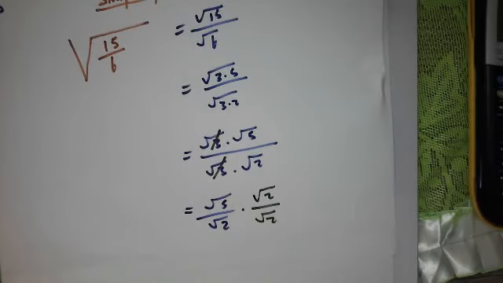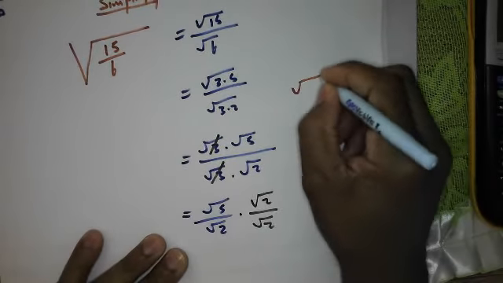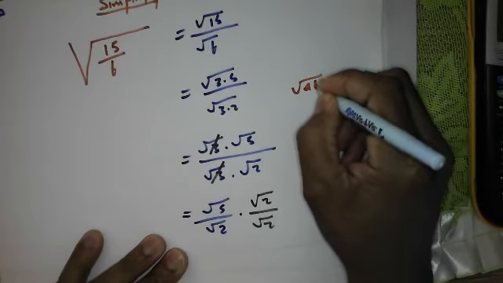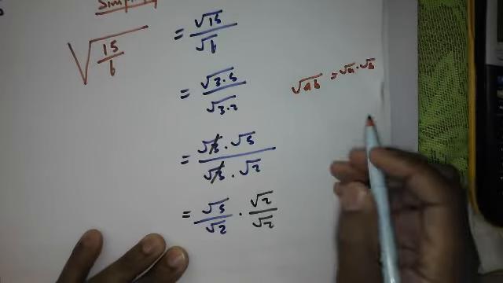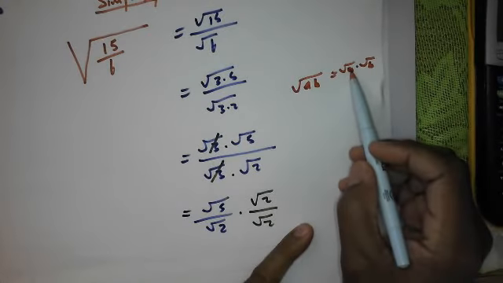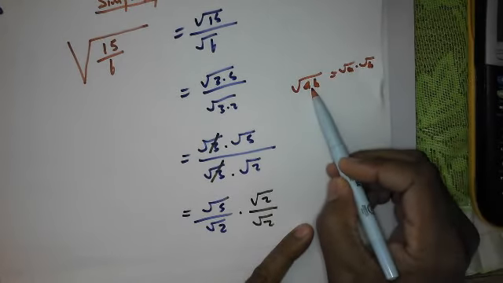Now I could go back to my law. If you remember, root AB is the same as root A times root B. So if I multiply A times B, I can keep it under one radical.